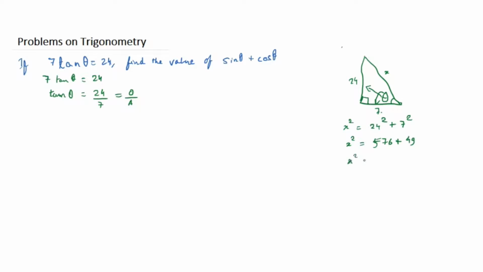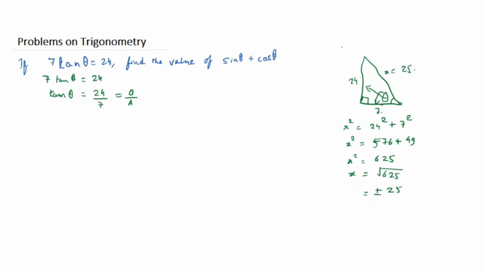So x square is equal to 576 plus 49, which gives me 625. Then taking square root of both sides, we get x is equal to square root of 625, which is going to be plus or minus 25. But since the hypotenuse is a length, it cannot be negative, so it's going to be 25.